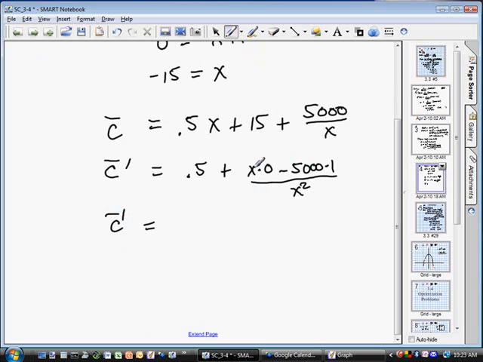So this is 0.5 minus 5,000 over x squared. Now when is that equal to 0?